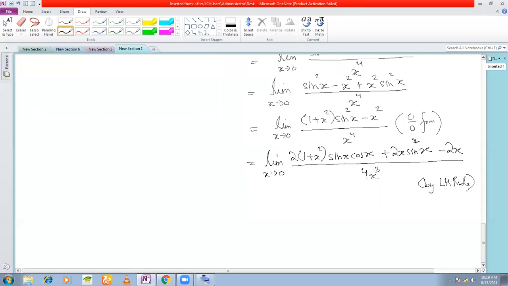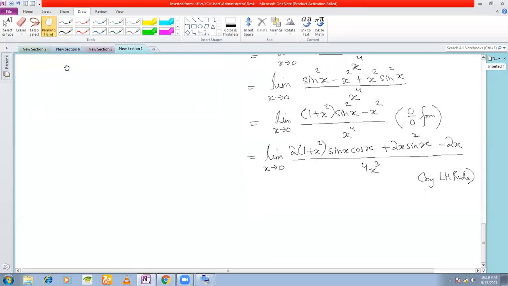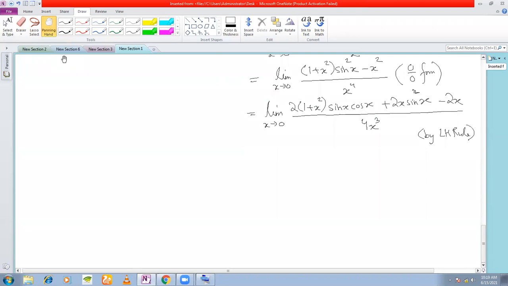Right? You can now take 2 as common and then cancel it. What form is this? This is again a 0 by 0 form, isn't it? You apply L'Hospital rule once again.